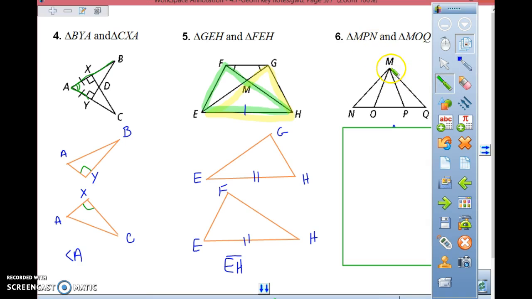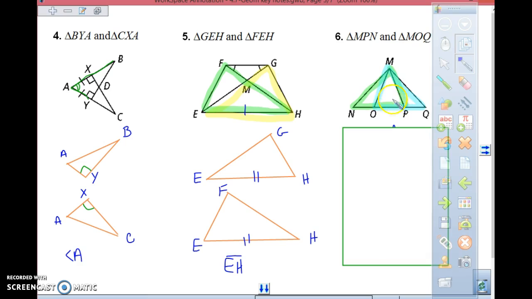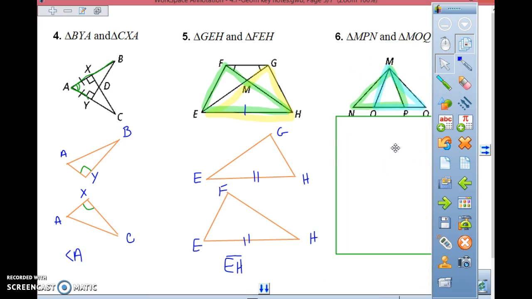Number 6, MPN, MOQ. So this little piece OP is on both of those, but I'm having some trouble on that one, so I'm going to redraw them separately.